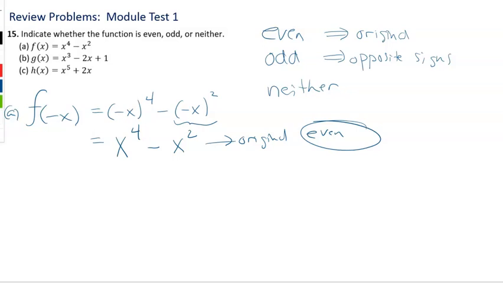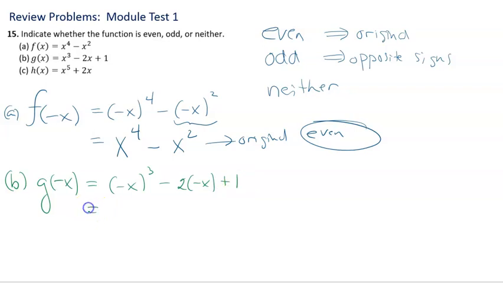Okay, let's change colors and do this again. So green, for example, B. It's called g. So I'm going to calculate g of negative x. So I have negative x to the 3rd minus 2 times negative x plus 1. Now, when I simplify a negative to the 3rd, it stays negative. So that's equivalent to saying negative x to the 3rd without the parentheses. Now, negative 2 times negative x, this is not raised to a power, it's just a 1, so I'm ready to multiply these together.